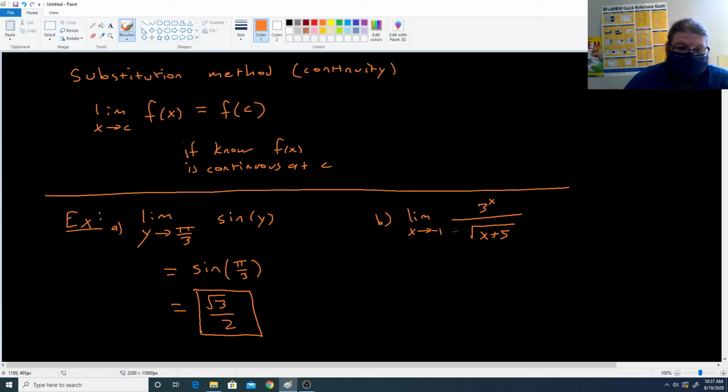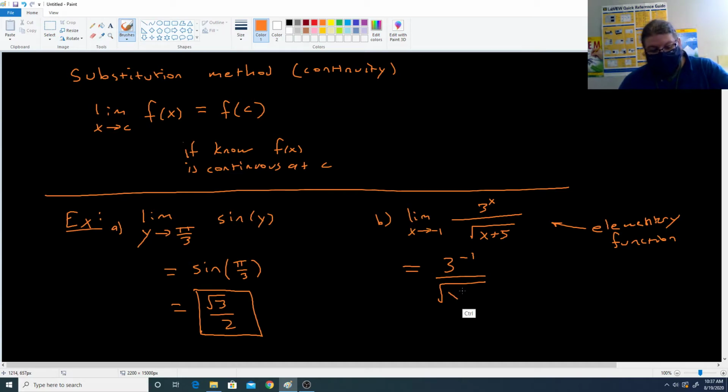For this one here, this is an elementary function. It's a division of some of those basic functions that we were talking about. So this is continuous. Since it's continuous, if we want to find its limit as x approaches -1, all we have to do is substitute our numbers in for the x's because we know it's continuous. If the function is not continuous, you can't do this.